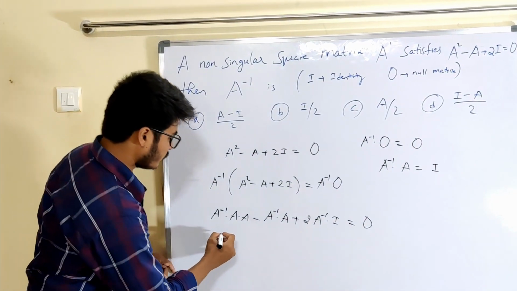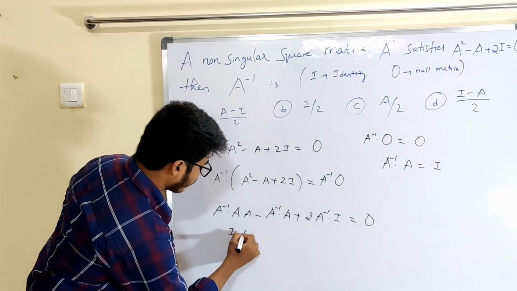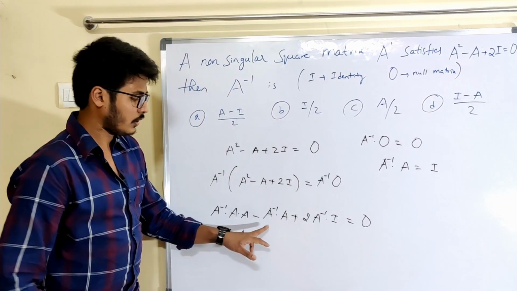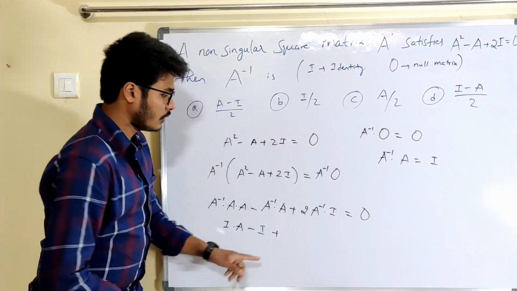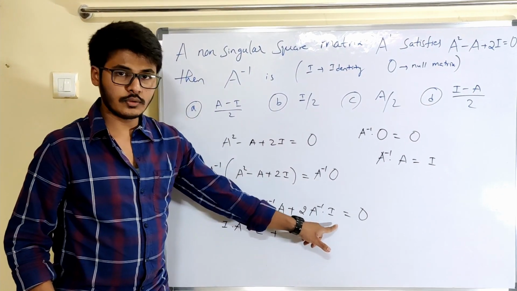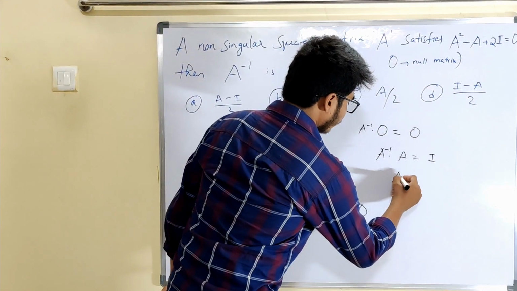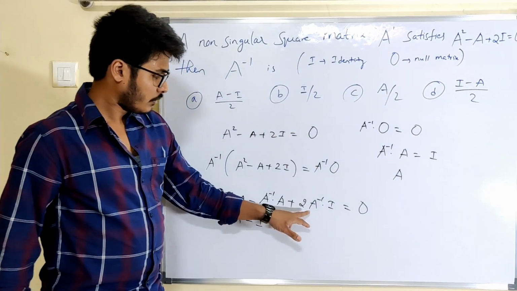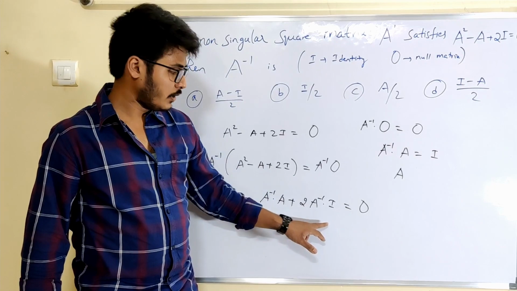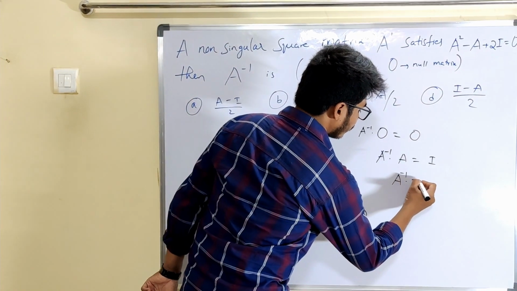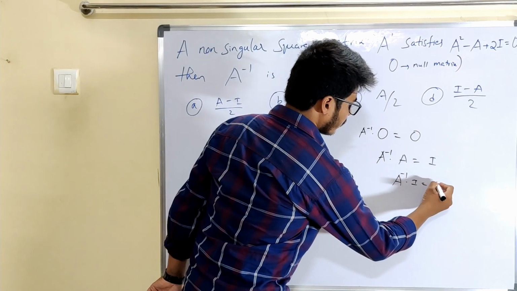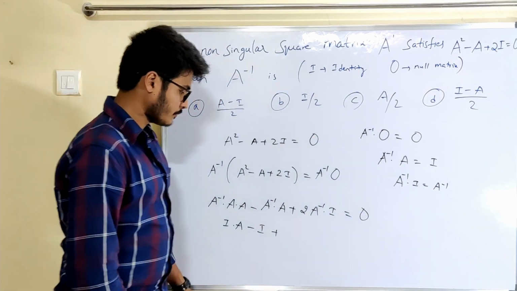So A inverse into A is I into A minus of, here similarly A inverse into A is I plus 2 into A inverse into I is, we know multiplication of any matrix with identity matrix will be same matrix. So A inverse into I will be A inverse.